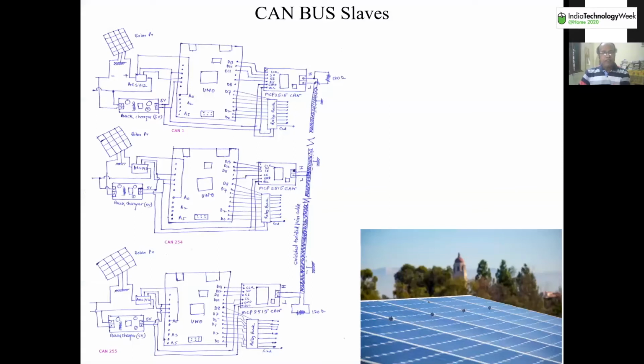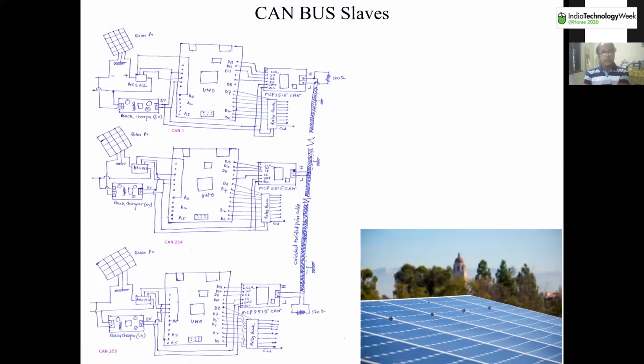Just excuse me for this very rude drawing, because I could not draw it using any software. Broadly, what I can tell here is that I deployed Uno here, and there is one distinct advantage of CAN, that you can use it in both ways.